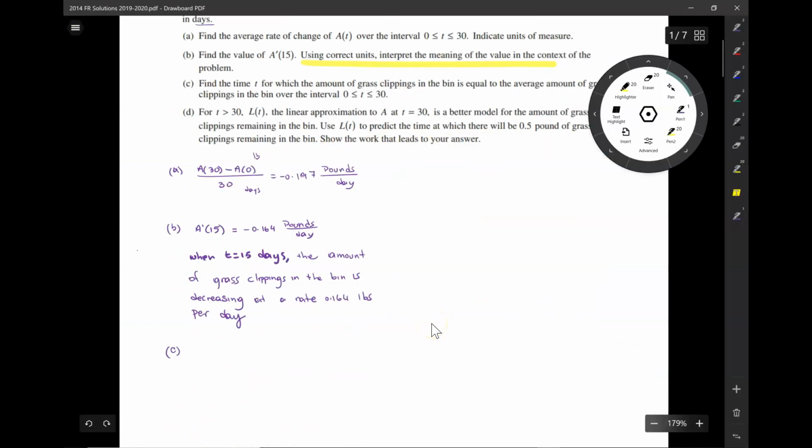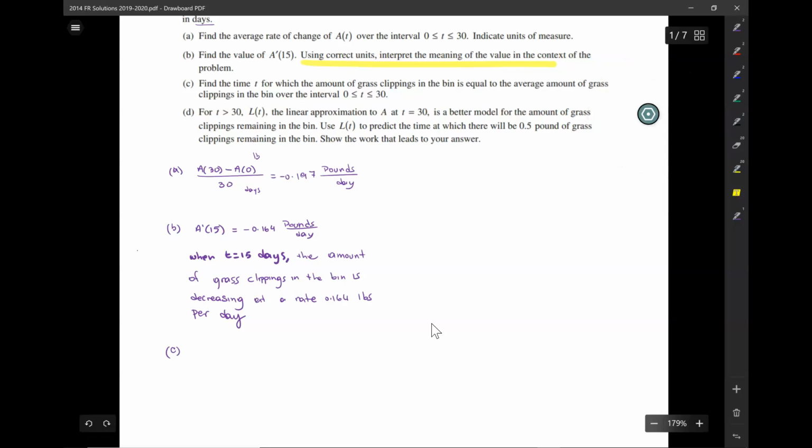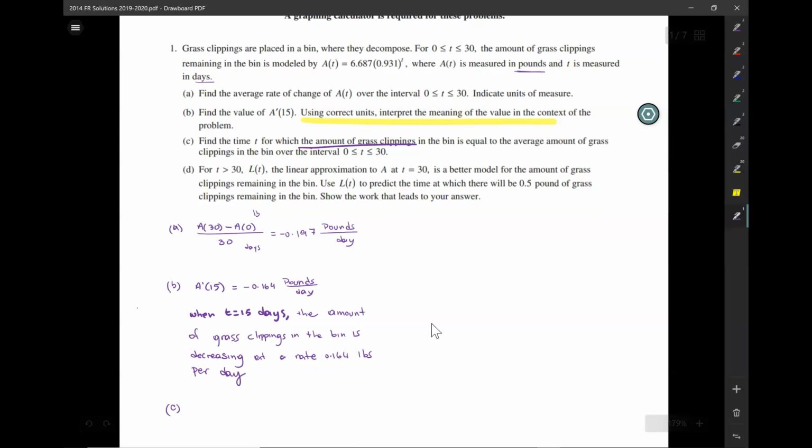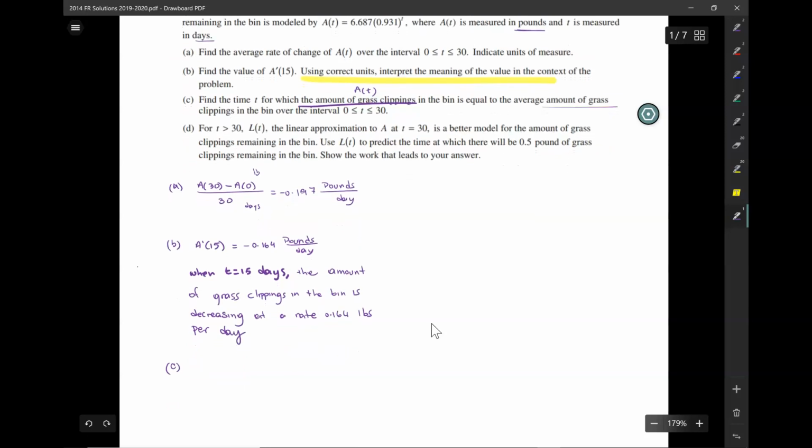Part C of 2014 says, find the time t for which the amount of grass clippings in the bin, that's A of t, is equal to the average amount of grass clippings in the bin on the interval 0 to 30.